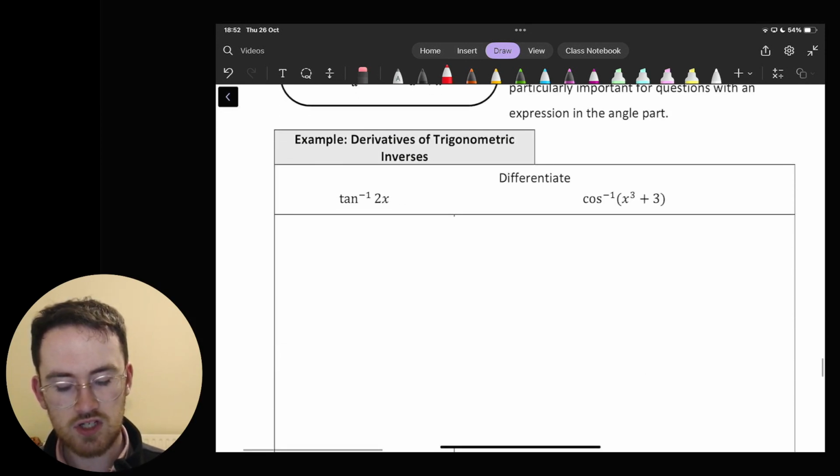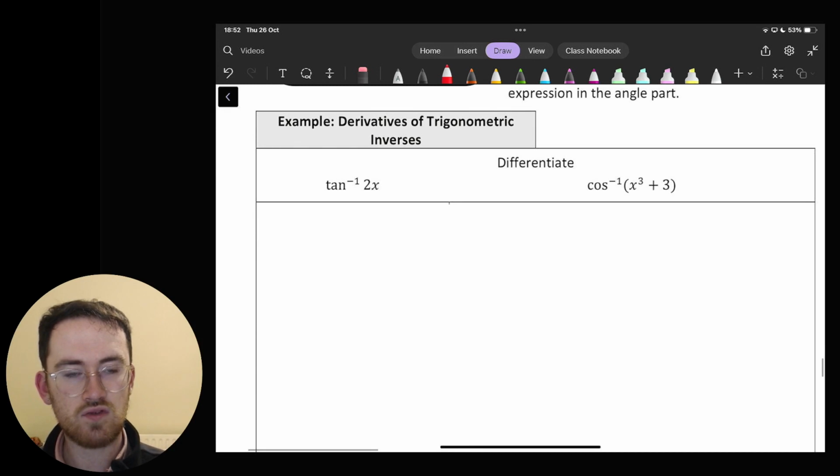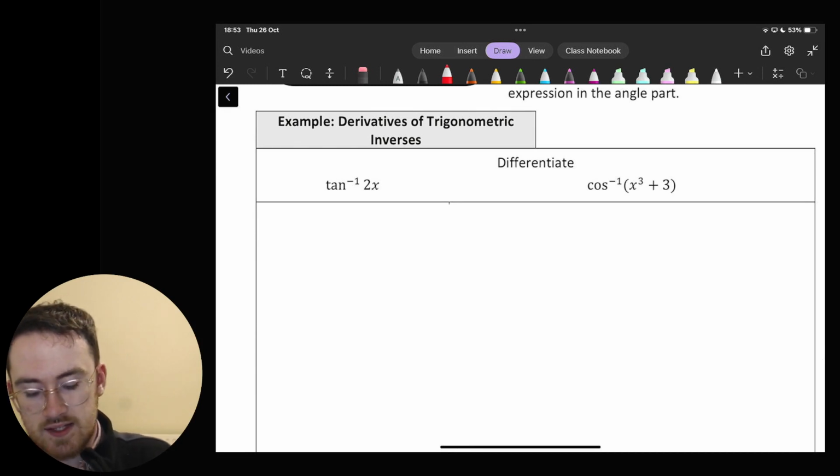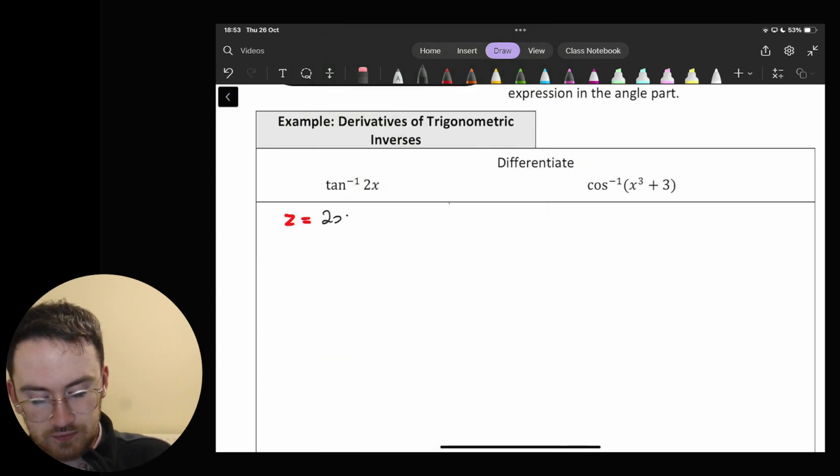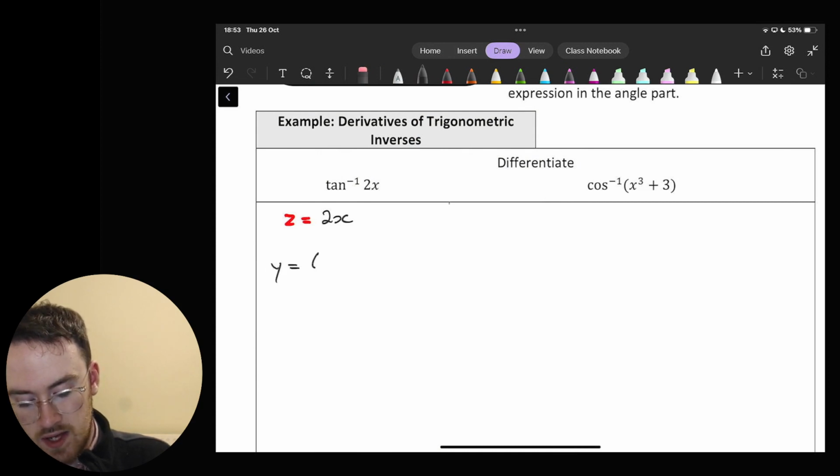So looking first of all at these two examples. First of all, we have tan inverse of 2x. So I'm going to make my substitution. I'm going to say that z is 2x, and I'm going to take y as being tan inverse of z over 1.